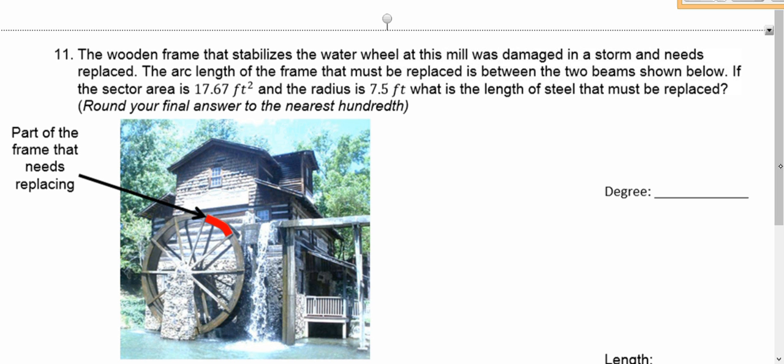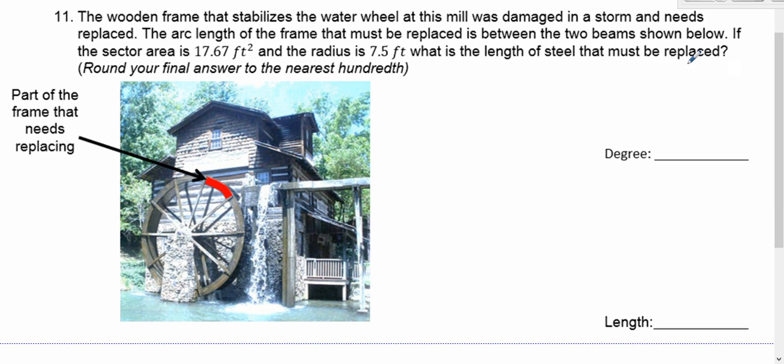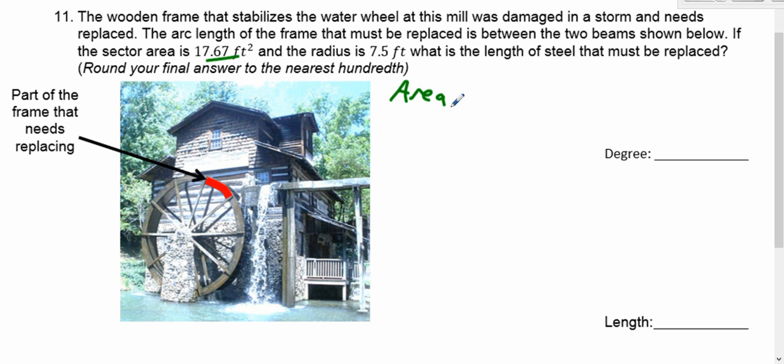This is a pretty in-depth problem. It starts out by giving us the area of a sector. It's 17.67 square feet. So we're going to fill in everything we know for area of a sector. Equals the angle over 360 times pi times radius squared.